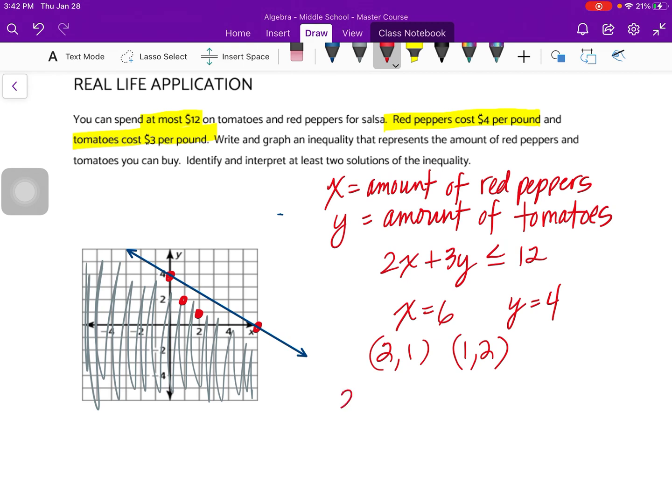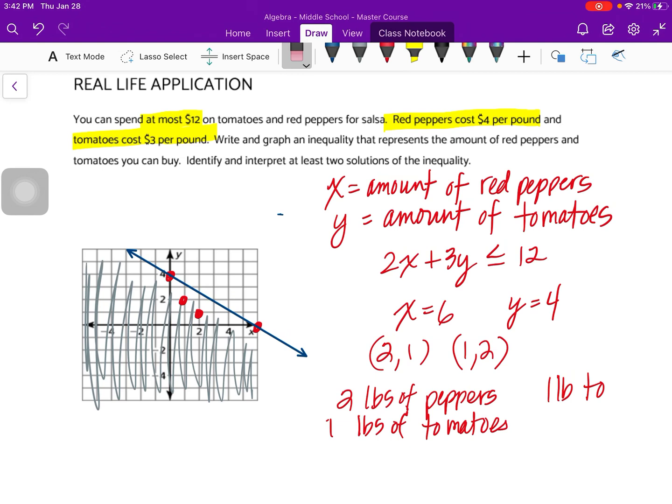So you can have 2 pounds of peppers and 1 pound of tomatoes, or you can have 1 pound of peppers, I'm sorry, I said that backwards, and then 2 pounds of tomatoes.